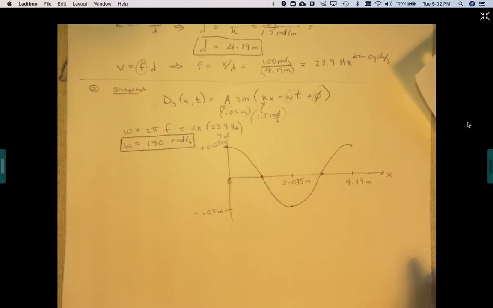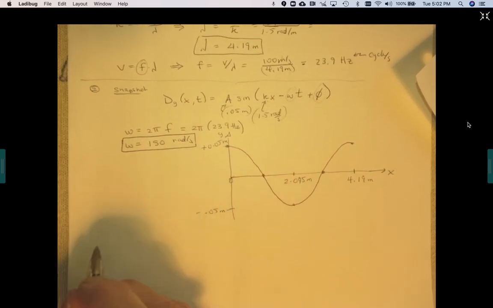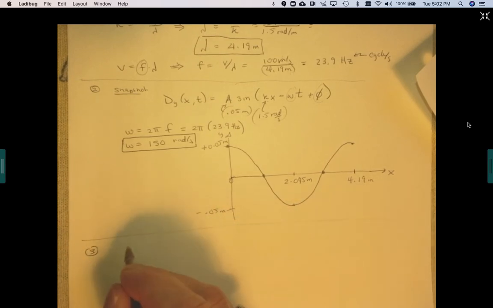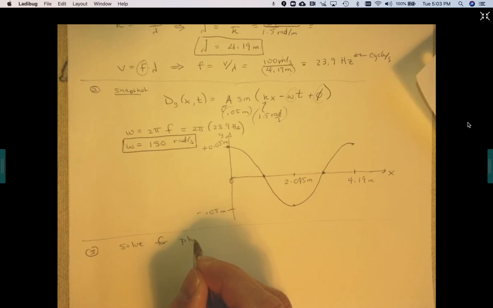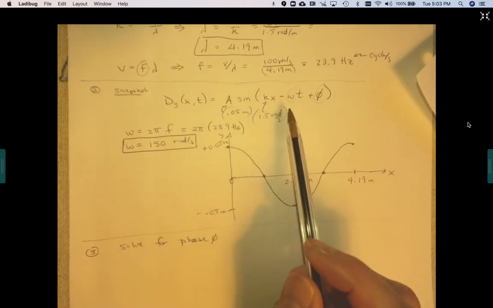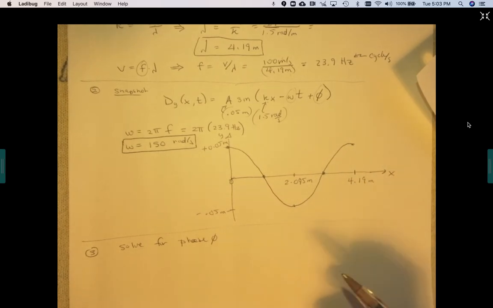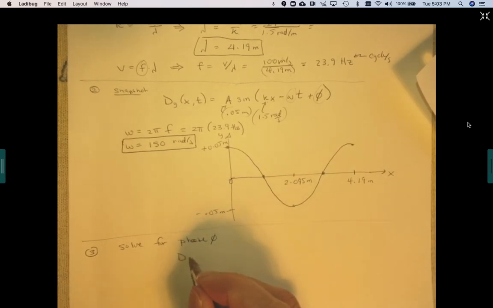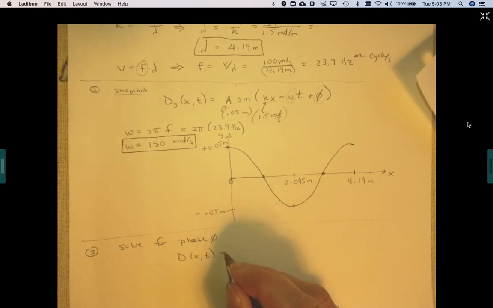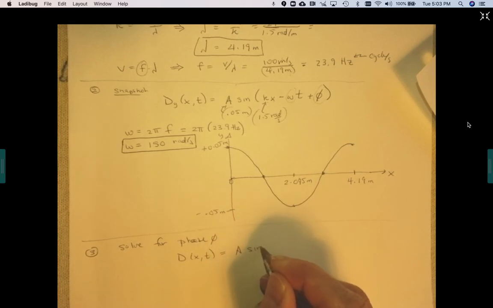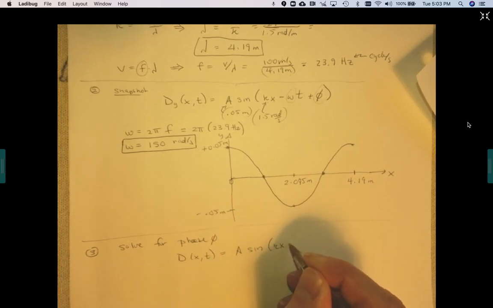Then we need to solve for the phase to get the full equation, because everything else we have. We have omega, we have k, we have A, we just need phi. The displacement at a particular position and time is how we figure out our phase constant.